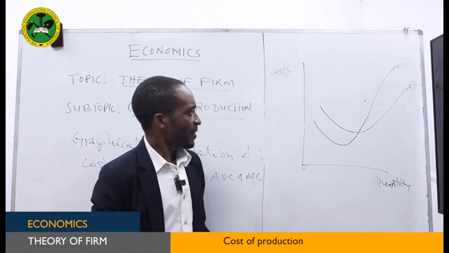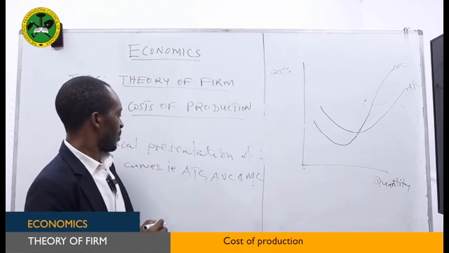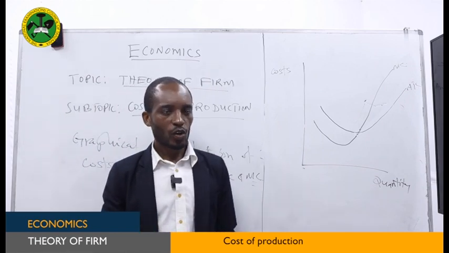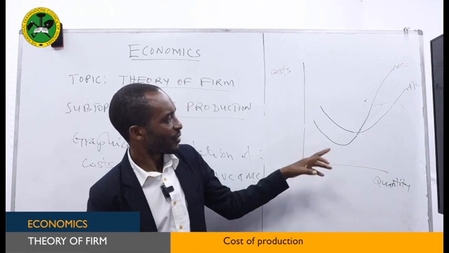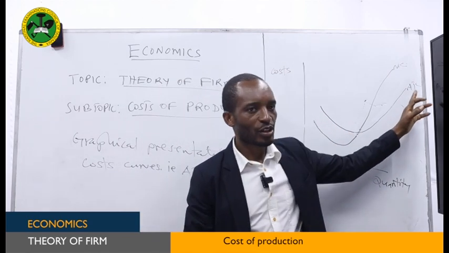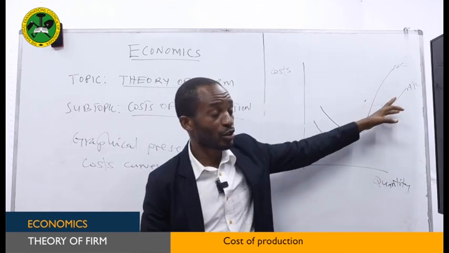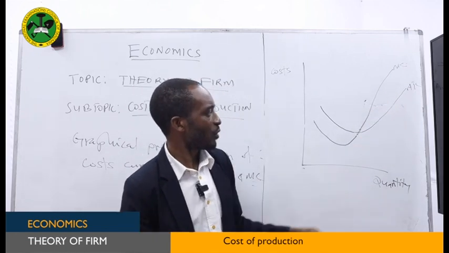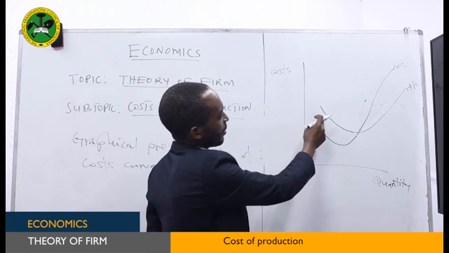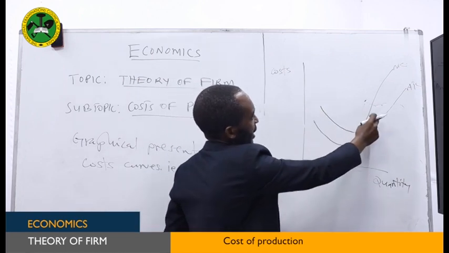Then we have the average variable cost. The average variable cost should be less than the average total cost, since the average total cost also includes the average fixed cost. So the average variable cost will be below the average total cost.